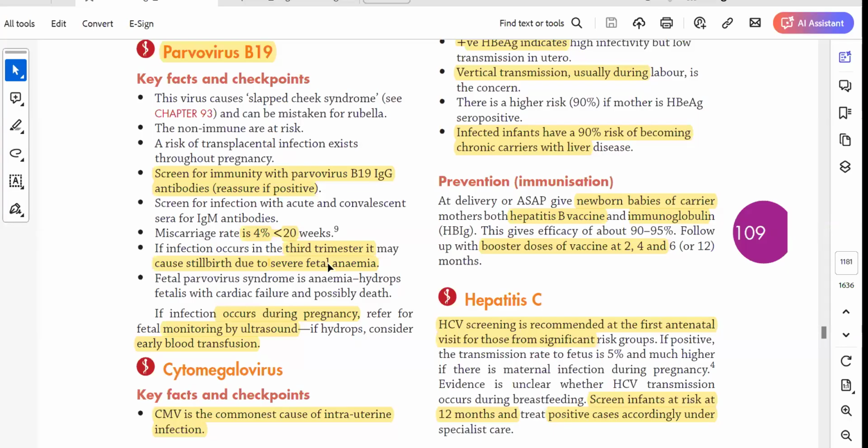And if it transmits to the baby in the third trimester, it can cause stillbirth or intrauterine fetal death due to severe fetal anemia, because it can cause hydrops fetalis.